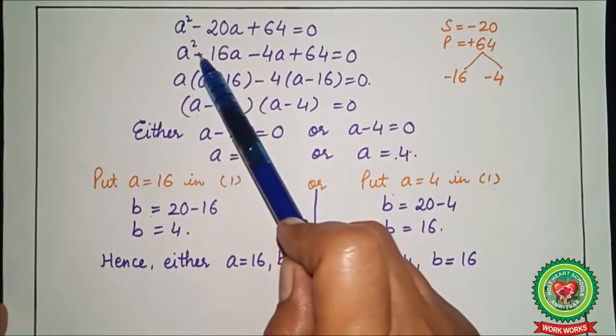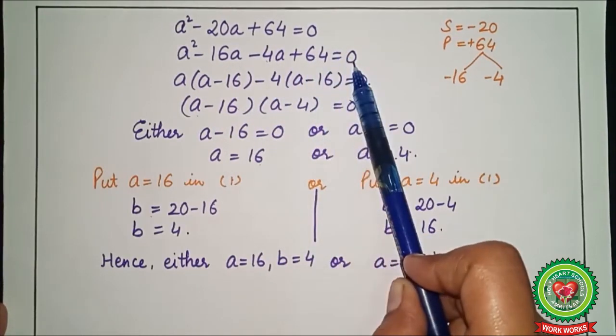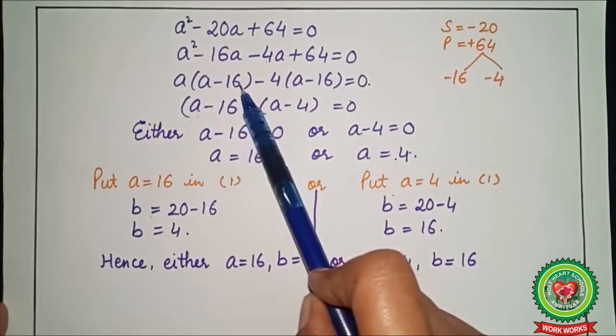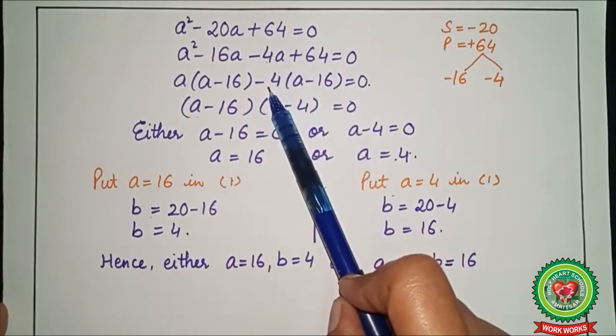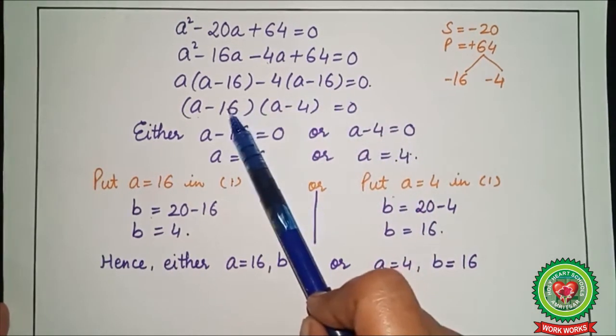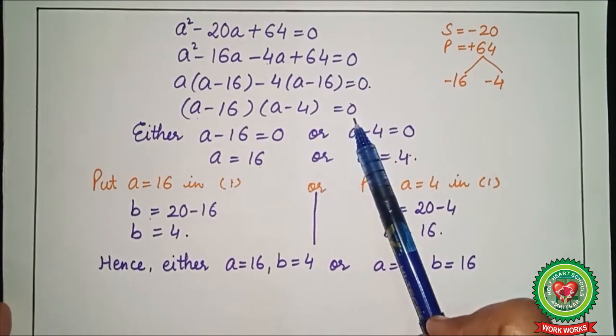So A square minus 16A minus 4A plus 64 equal to 0. Here A is common, so A into (A minus 16). Here minus 4 is common, again (A minus 16) equal to 0. So factors are (A minus 16) and (A minus 4) is equal to 0.